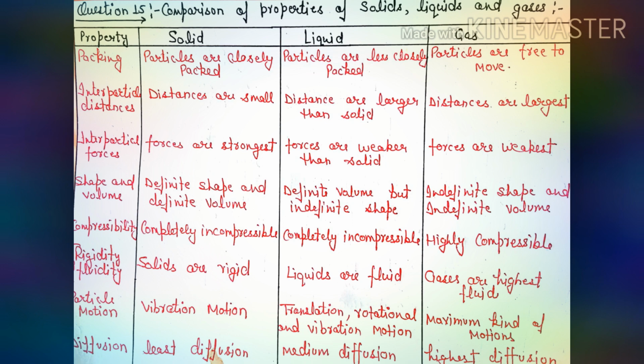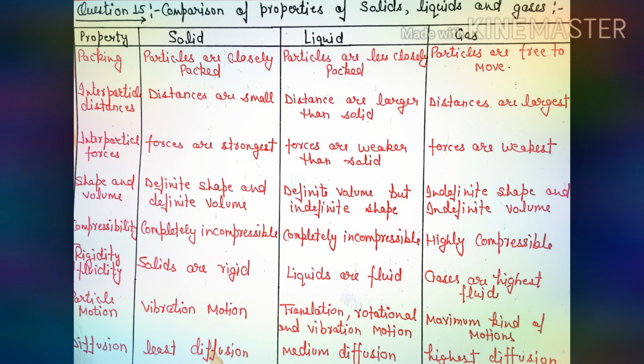Interparticle distances: in solids, distances are very small, and in gases, distances are largest. Interparticle forces: in solids, forces are strongest, and in the gaseous state, forces are weakest. Shape and volume: solids have definite shape and definite volume, whereas the gaseous state has indefinite shape and indefinite volume.